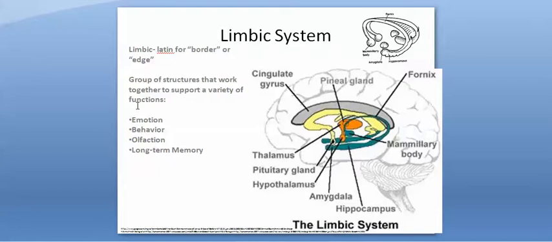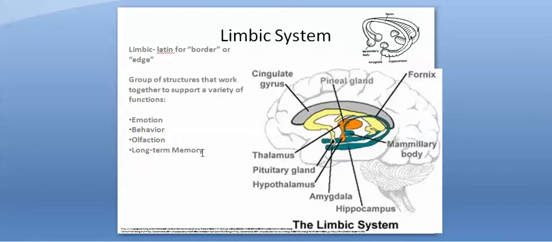The olfactory sense is also a part of this, which I don't know if you remember when we talked about the rhinencephalon and how interesting it is that the rhinencephalon is a part of the prosencephalon, right? That's the new brain, but the limbic system is part of the old brain. I mean, it's embedded in the cerebrum, but it's a part of that older part of our brain.